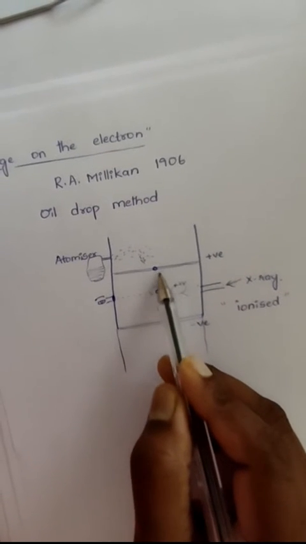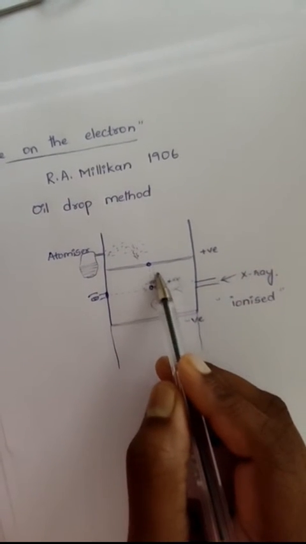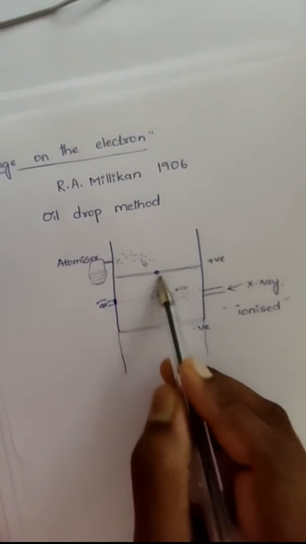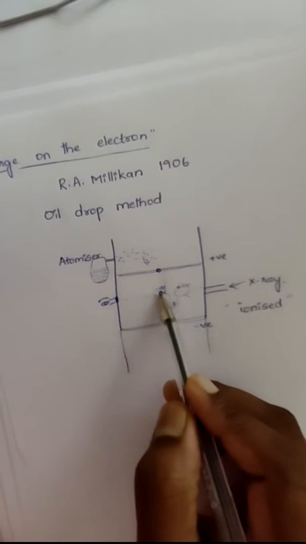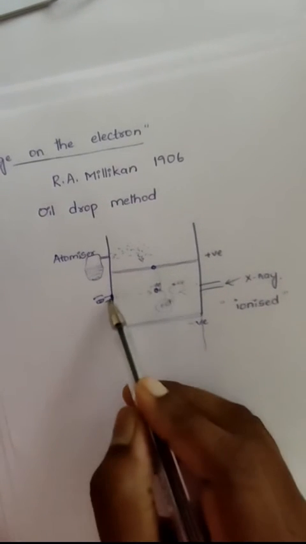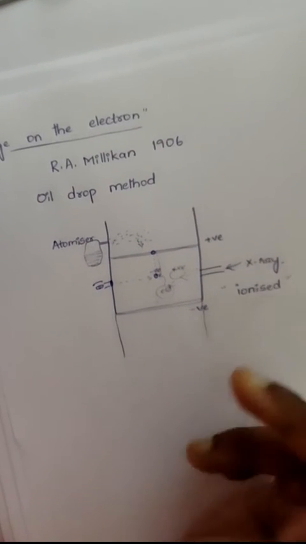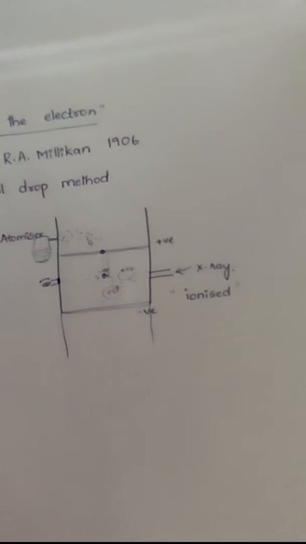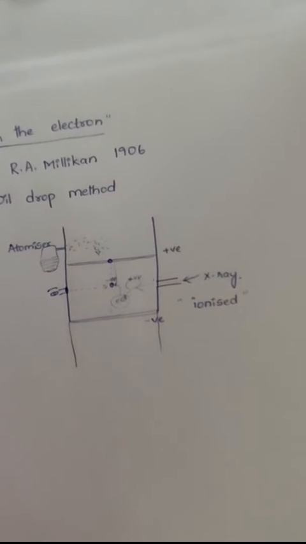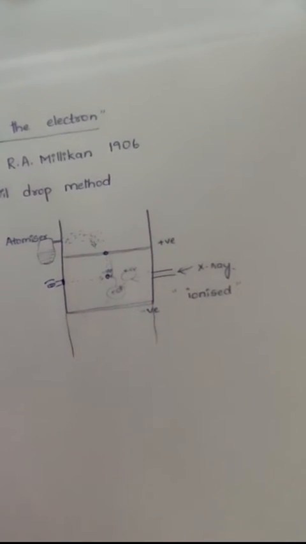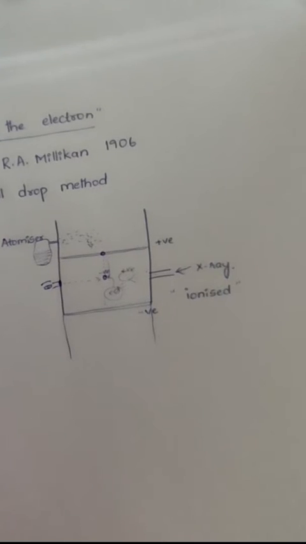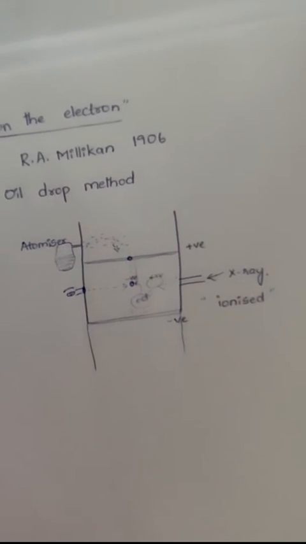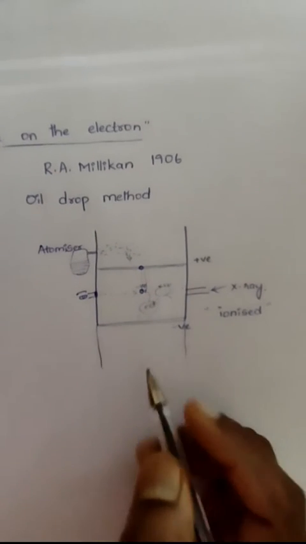The movement, this rate of fall of oil droplets, whether it is moving upwards, or moving downwards, or standing still, these conditions are observed through the telescope. By measuring the rate of fall of these oil droplets inside the chamber, that is, whether it is getting slower, or getting faster, or standing still, depends upon the polarity and strength of the voltage.